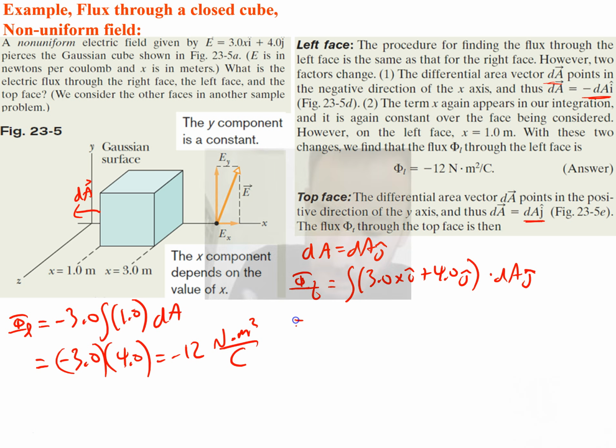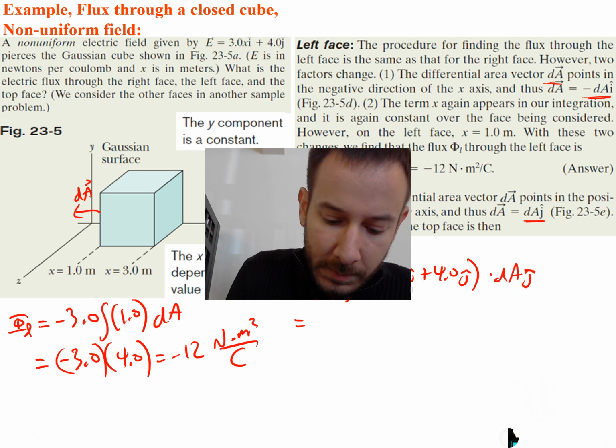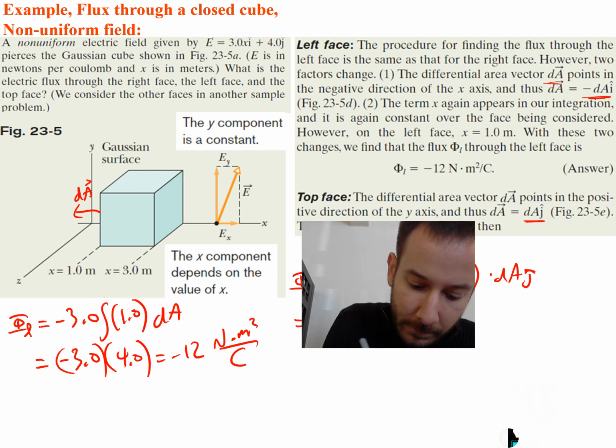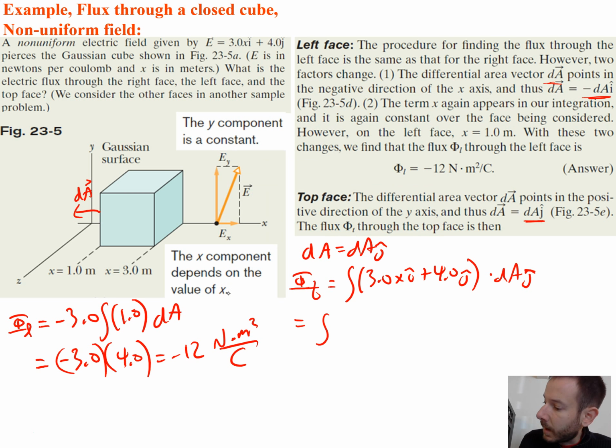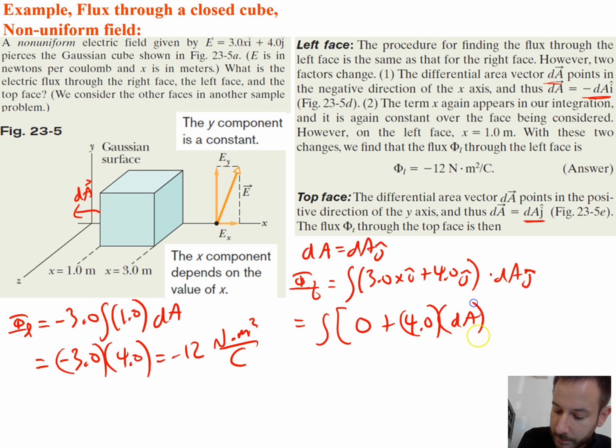Okay, setting up this integral, the first term is going to be 0 because i doesn't have anything to dot with, so you have i times 0. So the first term is 0, plus our j's together, 4.0 times our dA.